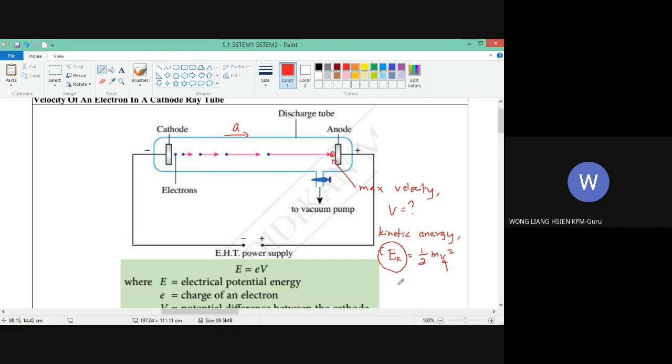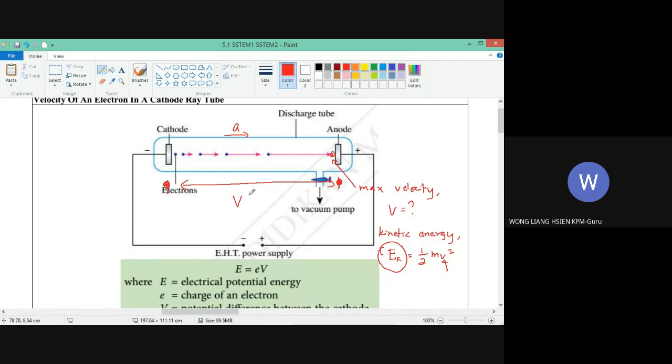We can find out the amount of energy that the electron gains from the potential difference between the cathode and the anode. How much is the potential difference?